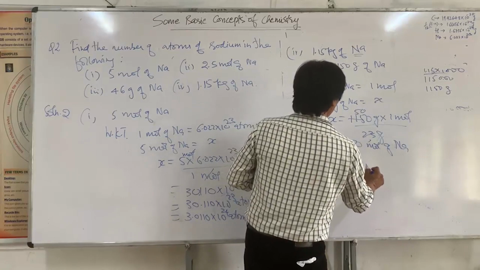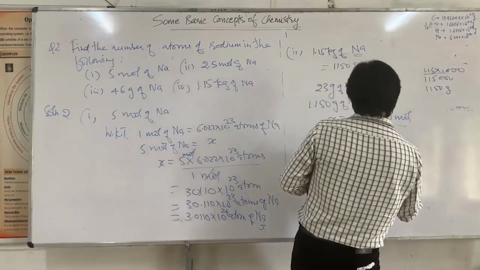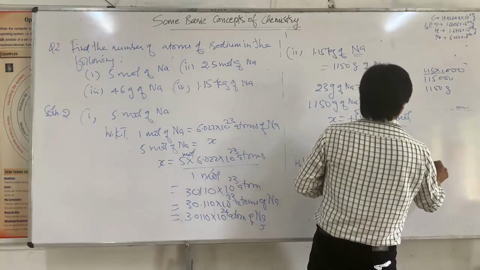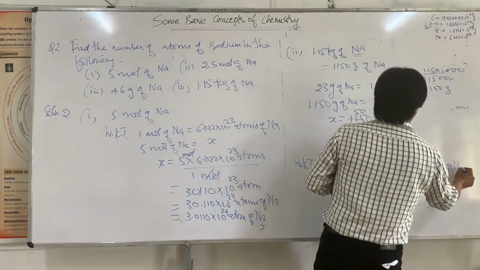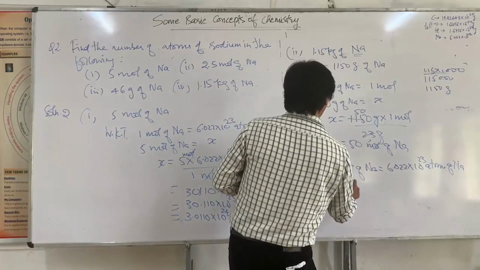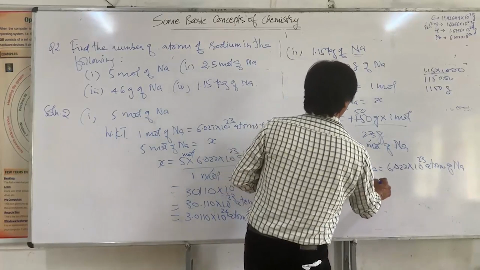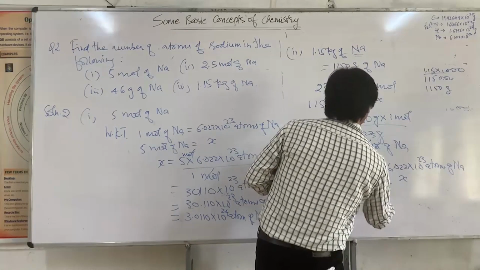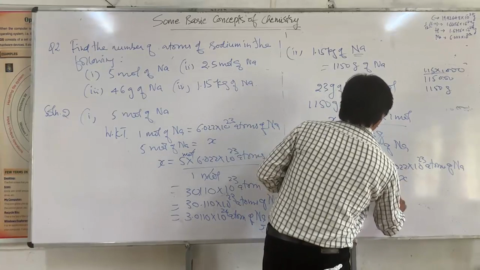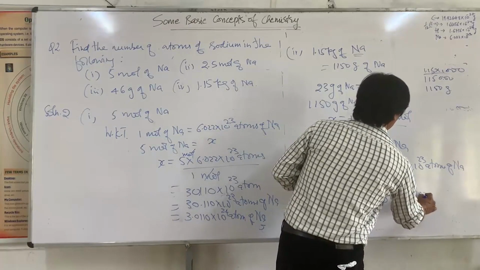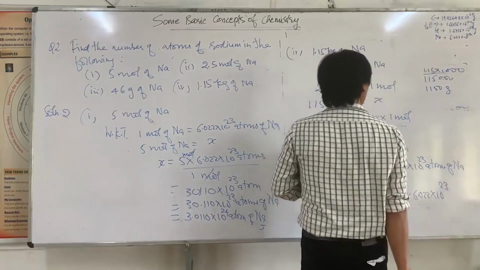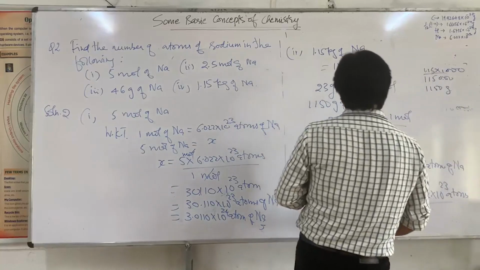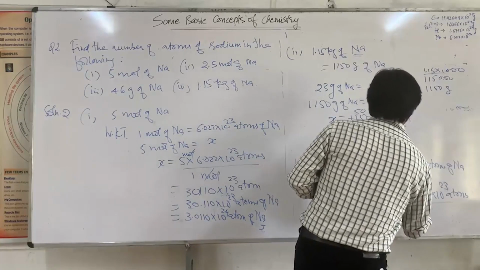Now what we know is that 1 mole of sodium contains 6.022 into 10 raised to the power 23 atoms of sodium. And when you have 50 moles of sodium, it is equal to how many atoms? Again, you just cross multiply. x is equal to 50 moles into 6.022 into 10 raised to the power 23 atoms divided by 1 mole of sodium. So mole and mole get cancelled.